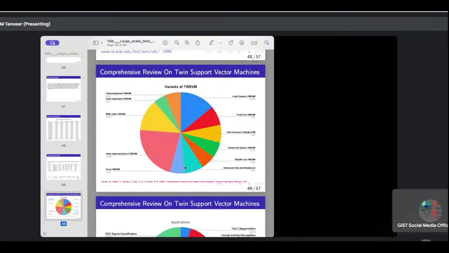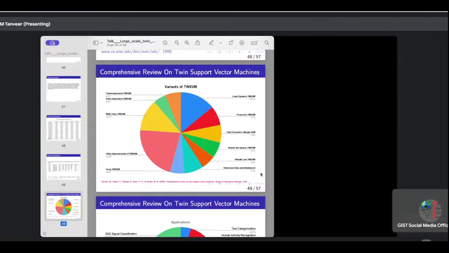Those interested to work in twin support vector machine, please see this paper published in 2022 named Comprehensive Review on Twin Support Vector Machine. This is the updated survey. Interested researchers are welcome to read this paper.